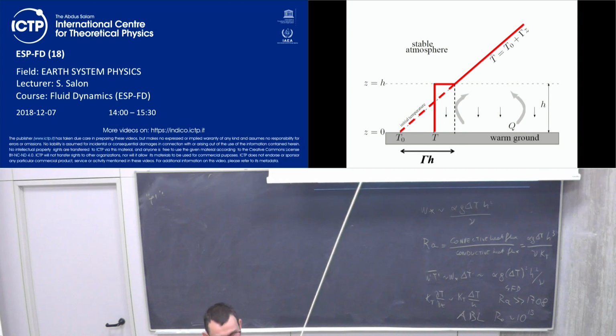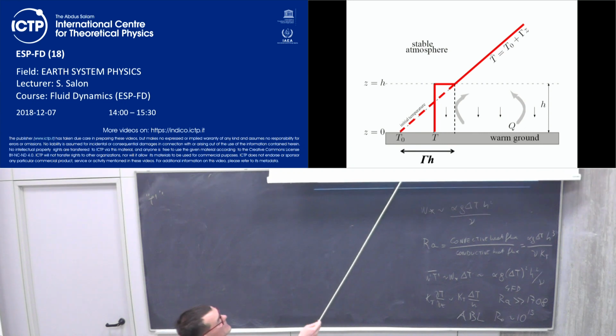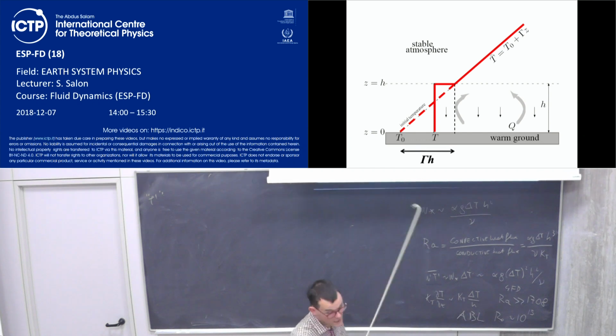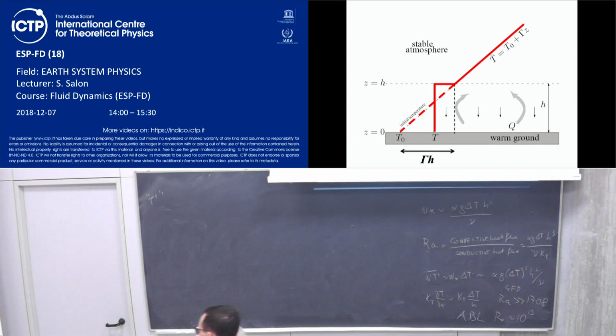Okay, so it's very similar to the previous case. We do not have any kind of mechanical action here. We have just a buoyancy action, a thermal action, which acts to destroy the stratification and to create a layer which is homogeneous, which is the usual case that we have in our atmospheric boundary layer.